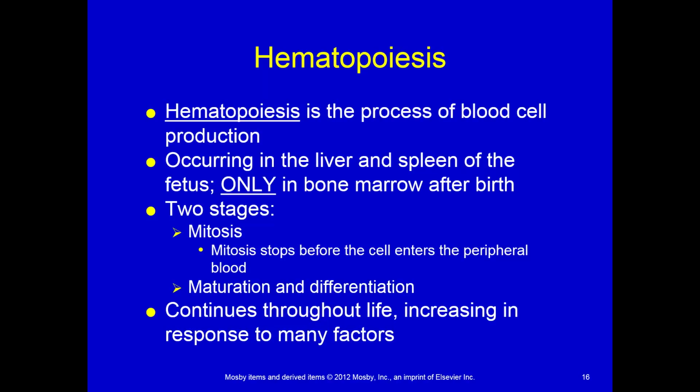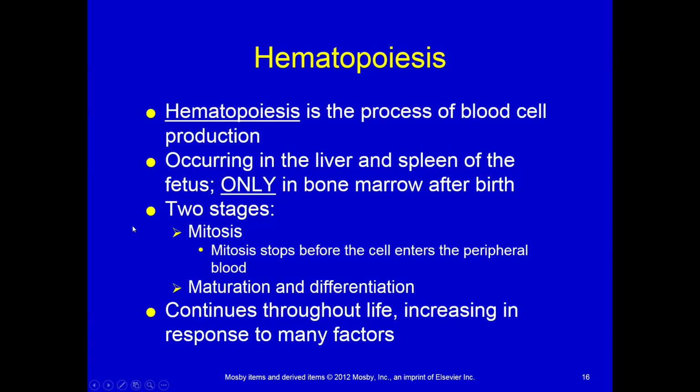So think of the first stage of hematopoiesis as the mitotic division, or the proliferation, the growth of blood cells. And then the second, maturation and differentiation, is taking these stem cells and differentiating them out into mature cells: red blood cells, white blood cells, platelets. Okay?